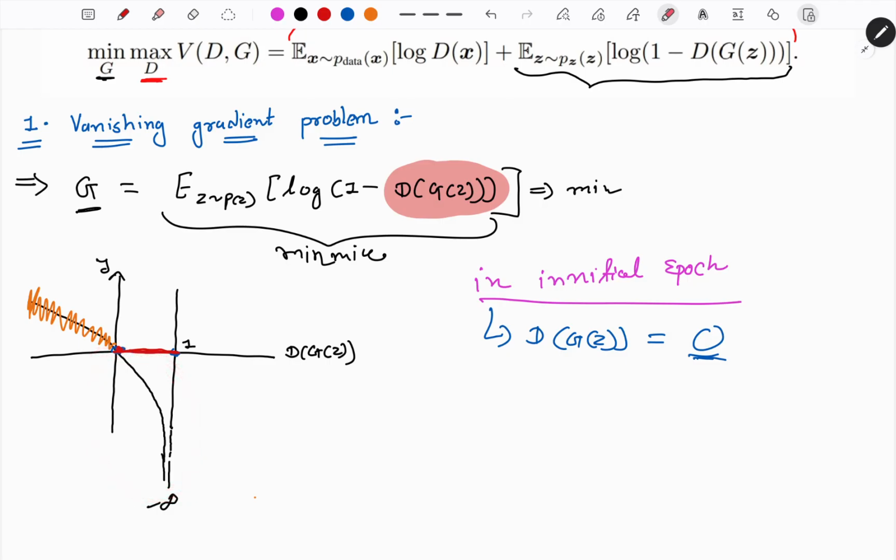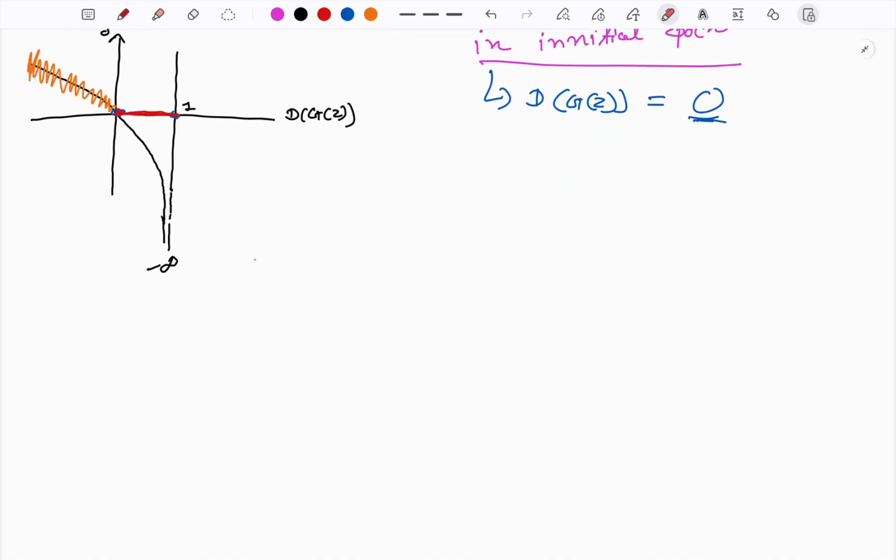So our final consideration of the graph was only this area. If you look carefully at this particular graph, let me remove all of these things and draw the graph again. I'm only drawing the area of consideration.